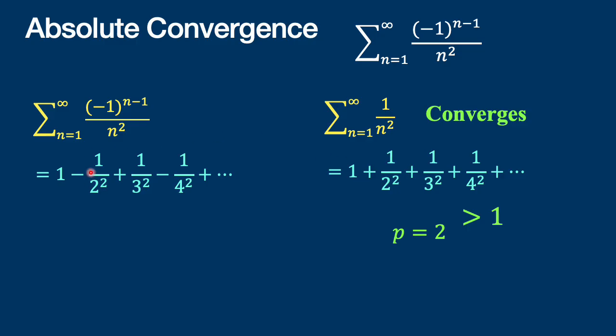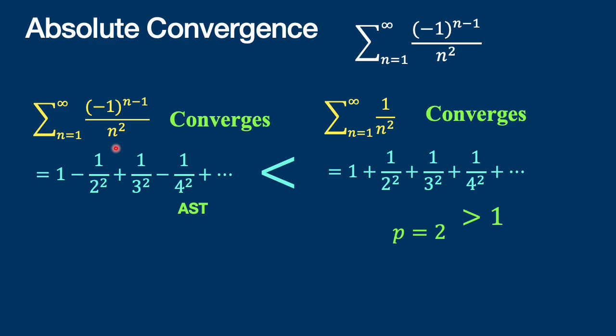This one is negative, this is all positive. Definitely the P series is bigger. We know this P series converges, so it can't diverge. So we know that this one converges, or we're going to say converges by the alternating series test.